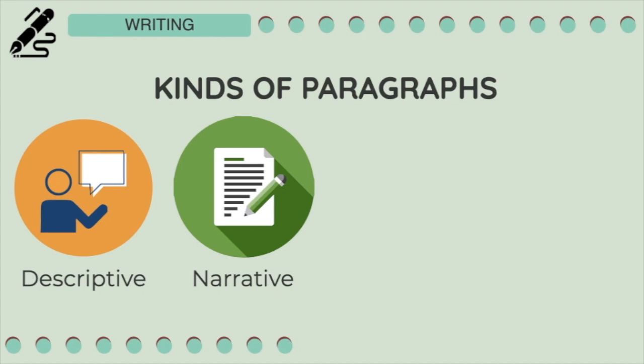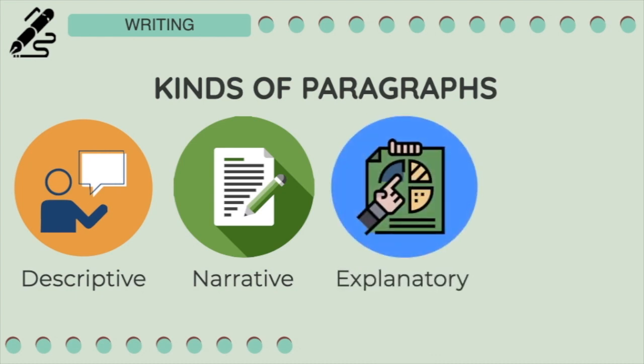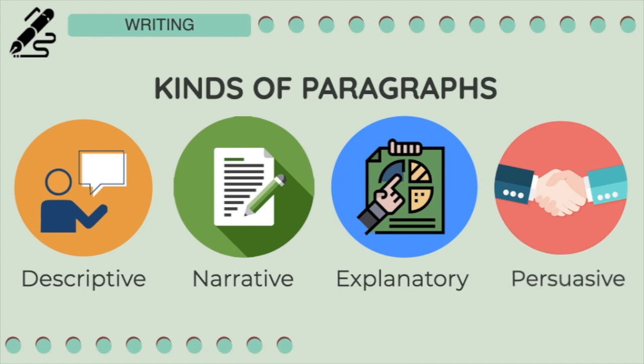An effective narrative paragraph hooks the reader to keep reading the story. Third is expository paragraph. It provides the reader with information about a topic and explains it. Last is persuasive paragraph. It expresses the opinion of the writer on a topic and convinces the reader to have the same.